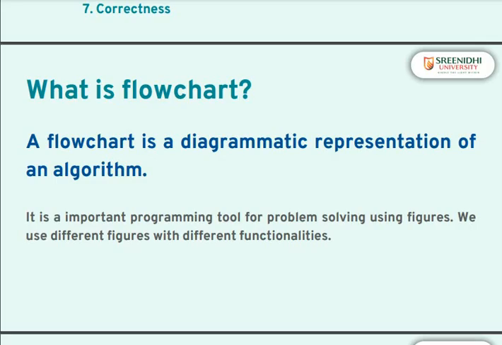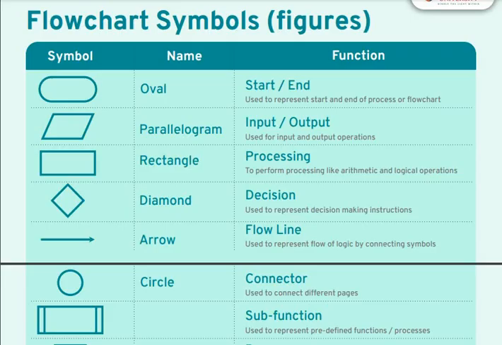What is flowchart? Flowchart is a diagrammatic representation using symbols. Whatever algorithm we write, the same instructions you need to put using symbols. These are the standard symbols in any programming language.